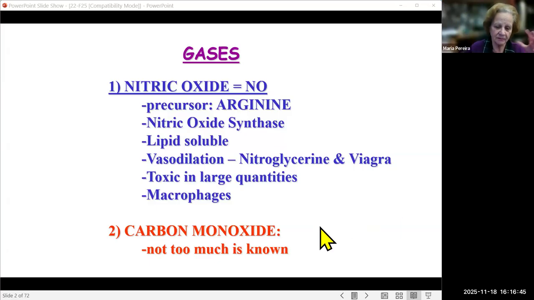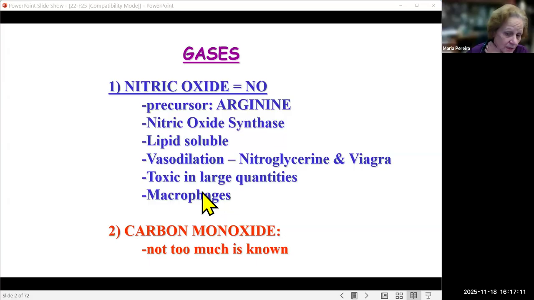So it's interesting. You're interested in carbon monoxide, but there's very little knowledge about it. But it's an interesting statement that a toxic substance can be used as a neurotransmitter. The same for nitric oxide. If there's too much, it's toxic, like the one released by macrophages.